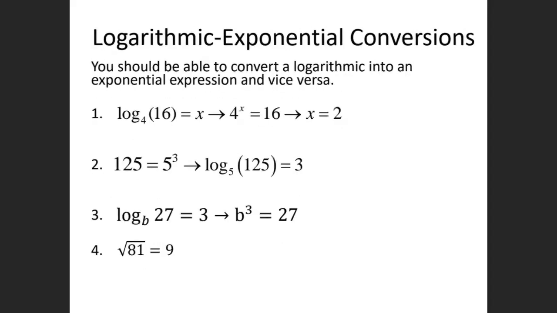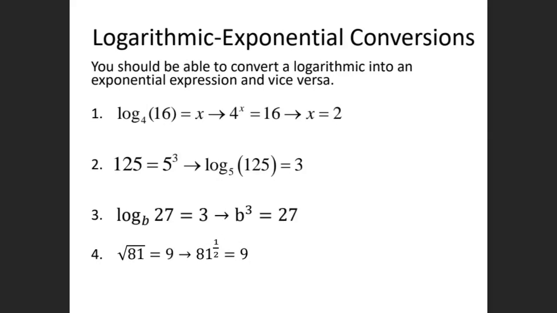All right, how about this last example? The square root of 81 is equal to 9. Let's convert this into a log expression, right? So you may not see it, but we can convert the square root into an exponent value. The square root as an exponent is to the 1/2 power, right? So we have 81 to the 1/2 power is equal to 9.